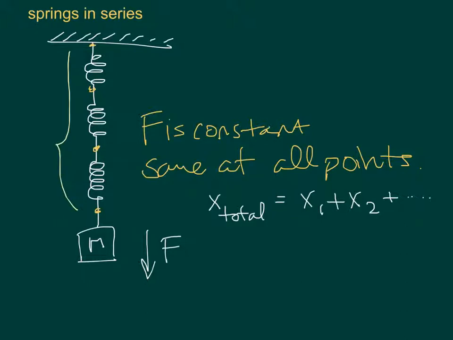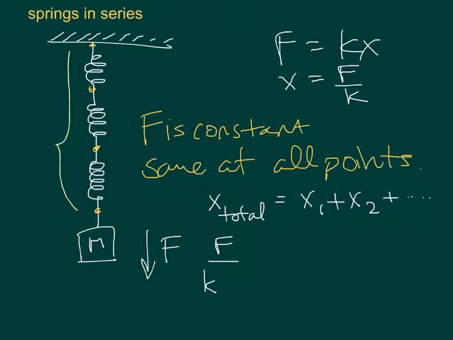But if we take our equation for Hooke's law, and I'll write it up here so we know what it is, dead easy one, we rearrange for x, then we can put our x total in terms of this equation. So how do we do that? You go F over k.